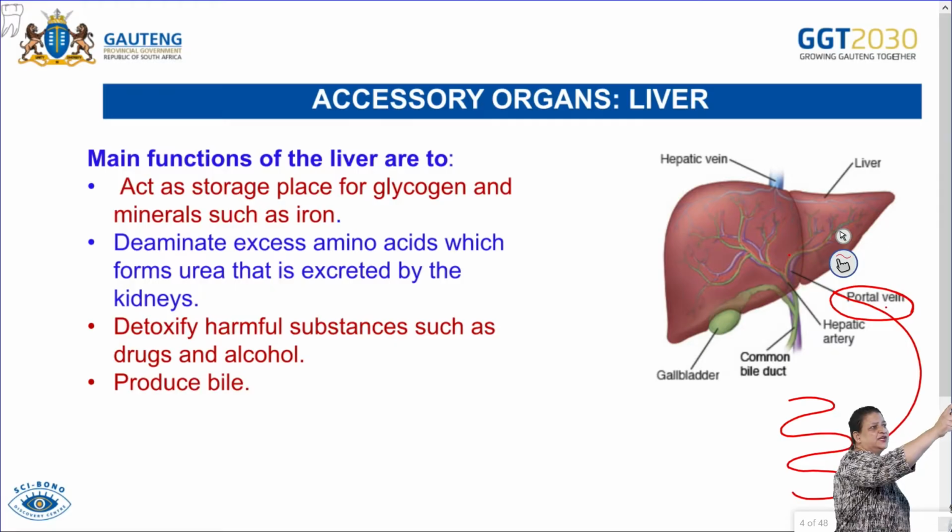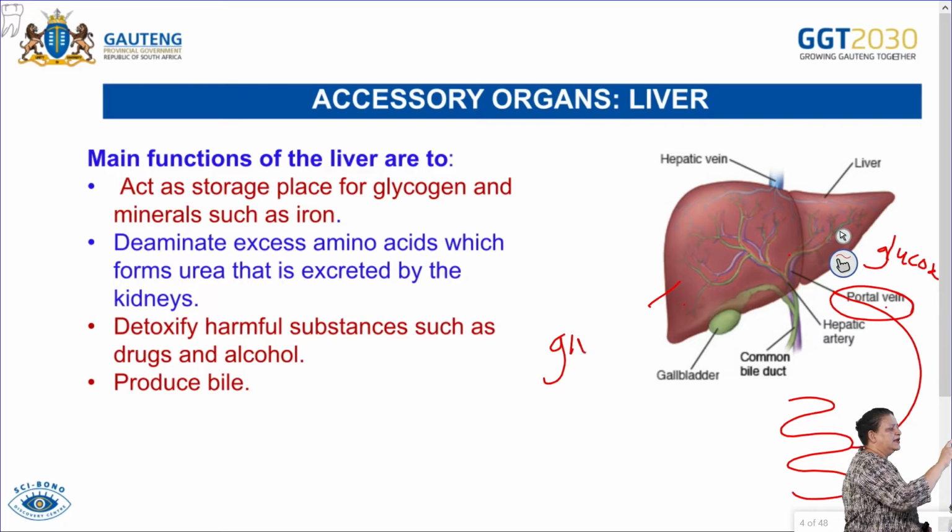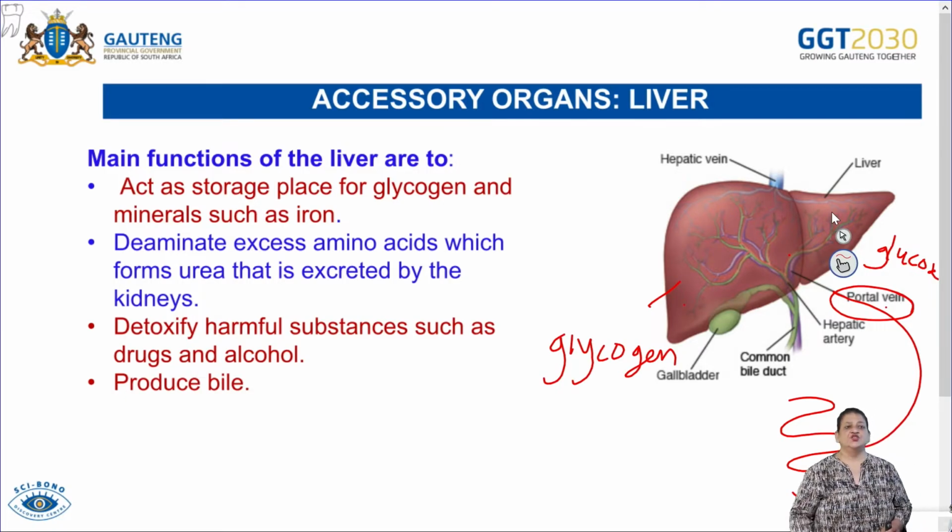So the liver is going to get its glucose, right? Now the extra glucose will be stored in your liver as what we call glycogen. Right, so the liver stores glycogen. It also stores iron. Iron is needed to carry your oxygen in your blood. So glycogen is where the excess glucose is stored.